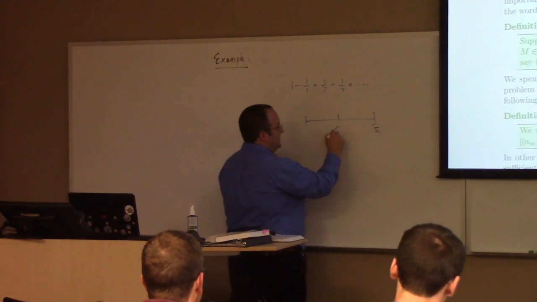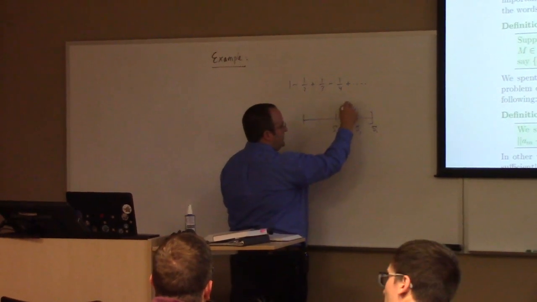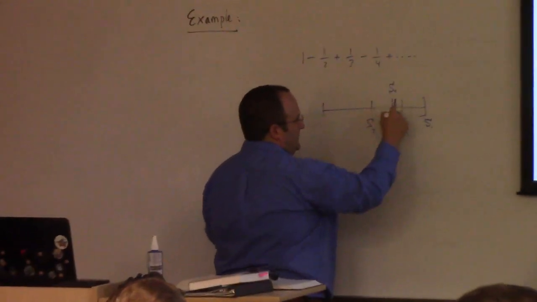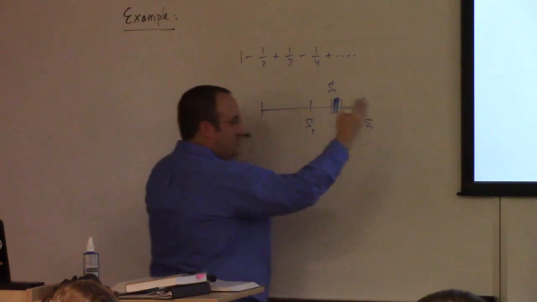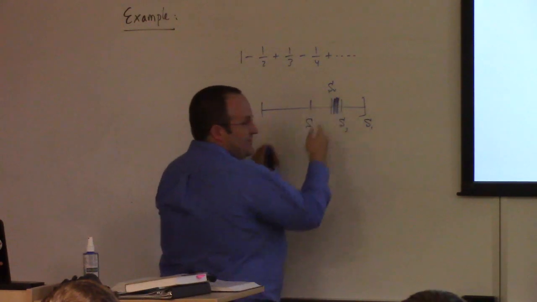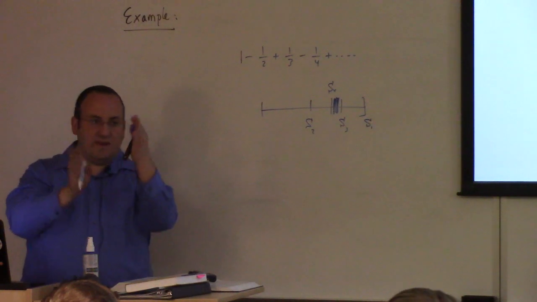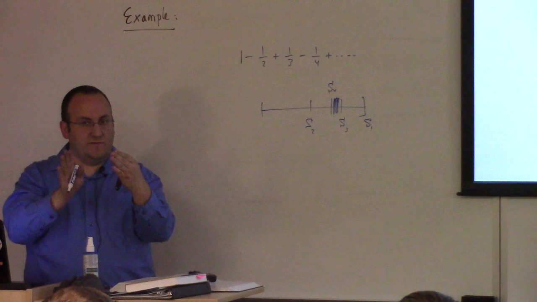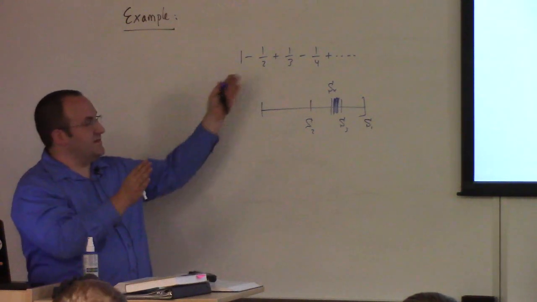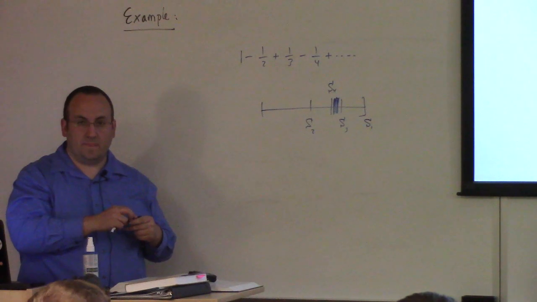The second partial sum is here, the third partial sum is here, the fourth partial sum is there, and they just keep ticking along. And so if you pick m far enough out, the difference between any S_m and S_n can be as small as you like. So the partial sums in this series are Cauchy, right?